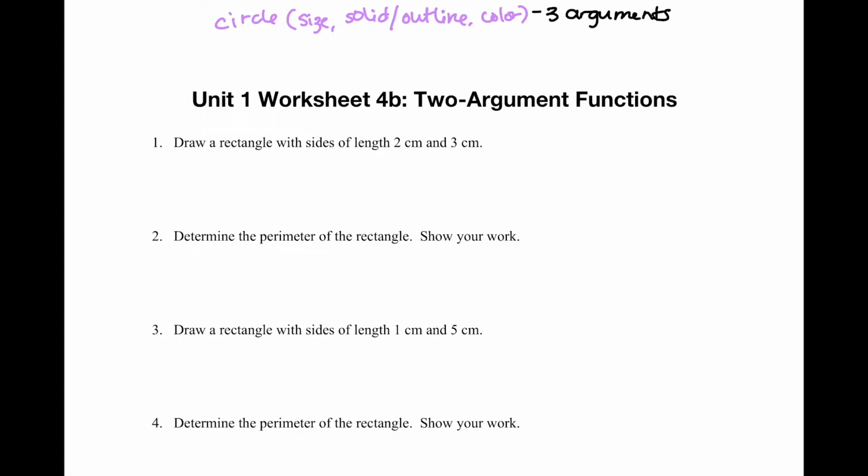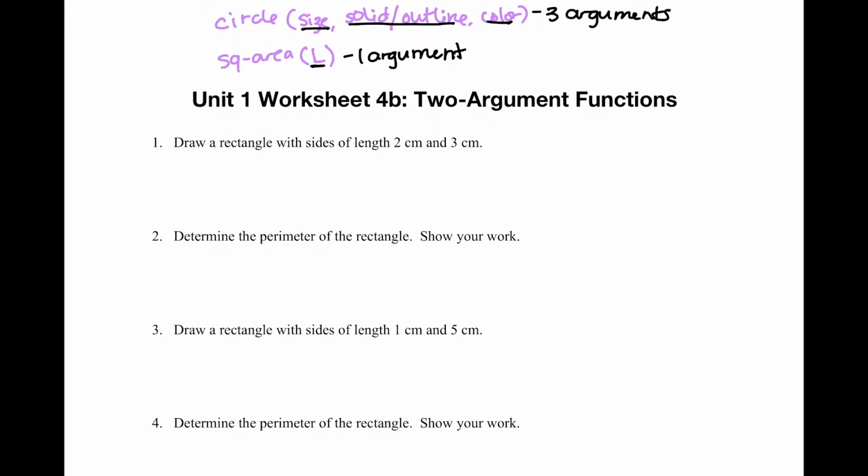Then the square area that you did had 1 argument, and the number of arguments inside the parentheses determines how many argument functions there are, right?